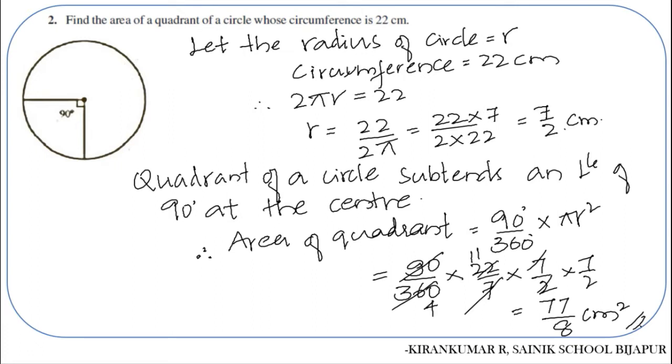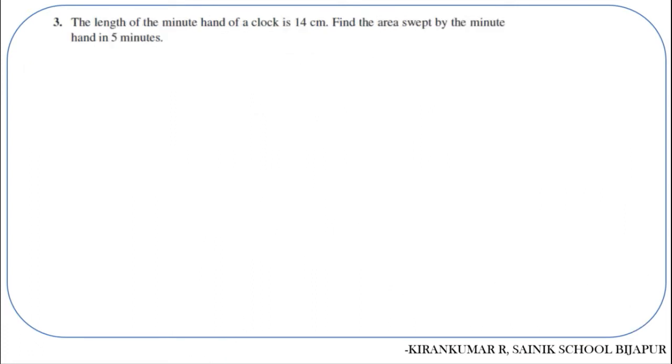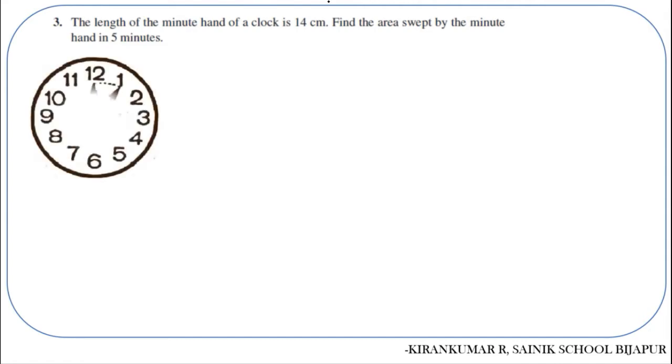Question number 3. The length of the minute hand of a clock is 14 centimeter. Find the area swept by the minute hand in 5 minutes. For convenience, I'll consider a clock wherein the mention of 5 minutes is there.